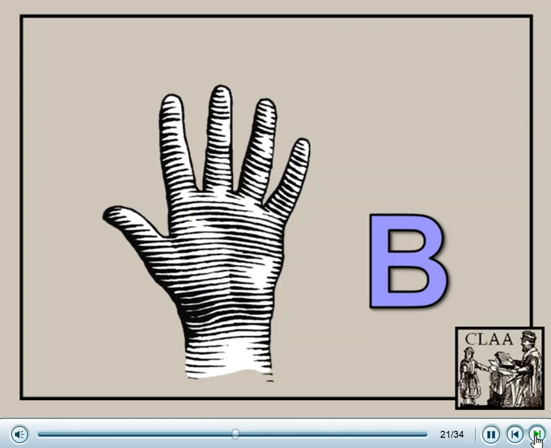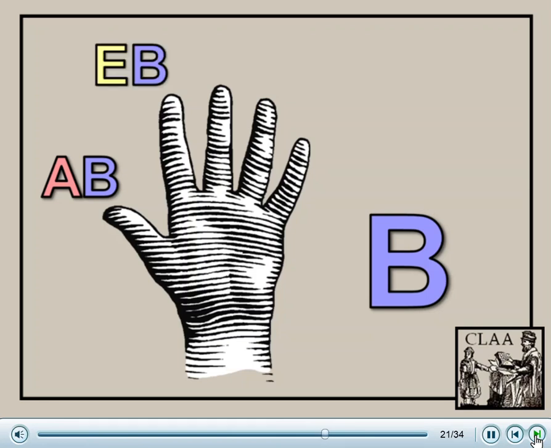Let's join the consonant B to each one of the vowels on your fingers. For your thumb, let's say ab. For your index finger, let's say abe.